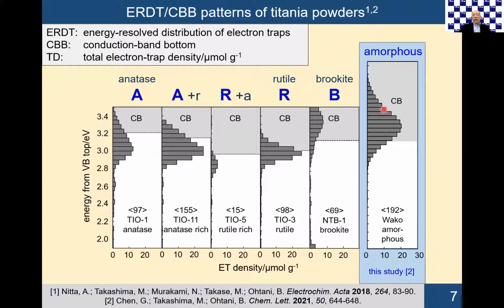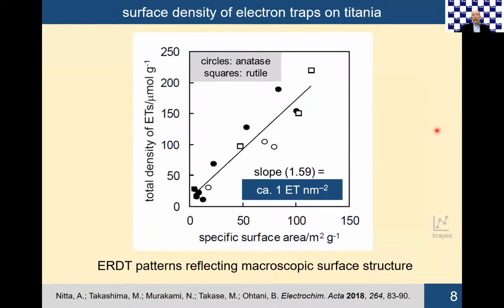Of course, the ERDT pattern strongly depends on the crystalline type or amorphous, but not only the bulk structure, also the surface structure is reflected in this pattern, because the total density of electron traps is almost proportional to the specific surface area. It is a bit difficult to say almost, but the tendency is clear.